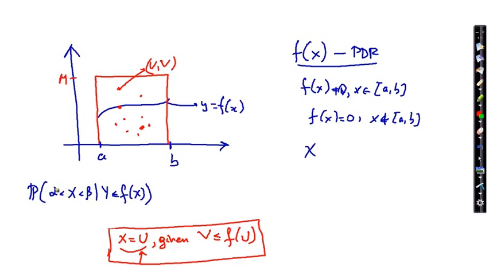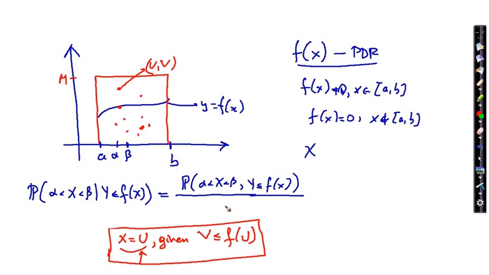So I'm calculating this conditional probability, to find the distribution of x, the probability that it will be inside this interval alpha beta. By the definition of conditional probability, this is the probability that x is between alpha and beta and y is less or equal than f of x, over the probability that y is less or equal than f of x. So what will this give?